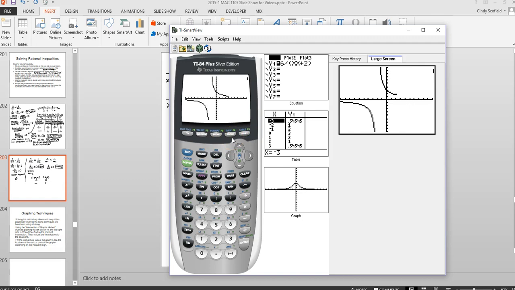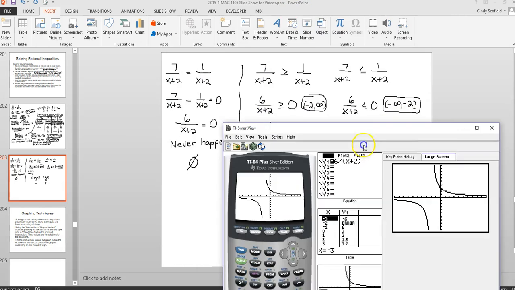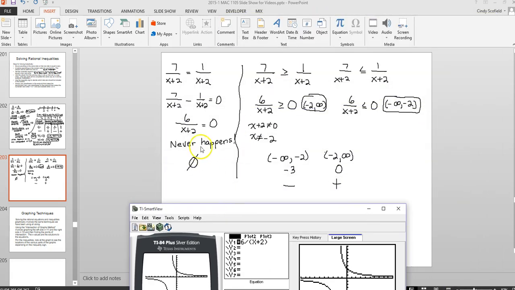Definitely a different looking graph. Okay, here we go. So this graph, the vertical asymptote at -2, that makes sense because here's -2. You could tell the graph split. To the left of -2, the graph's below the x-axis. To the right of -2, the graph's above the x-axis. That's right in line with what we found.